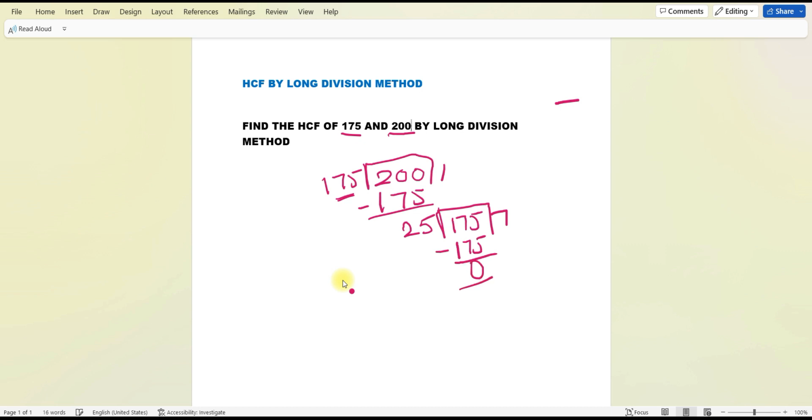So I've got the HCF of 175 and 200, that is the last divisor. So the HCF of 175 and 200 would be 25. Okay, the HCF is equal to 25. This is how you can find HCF on long division method.